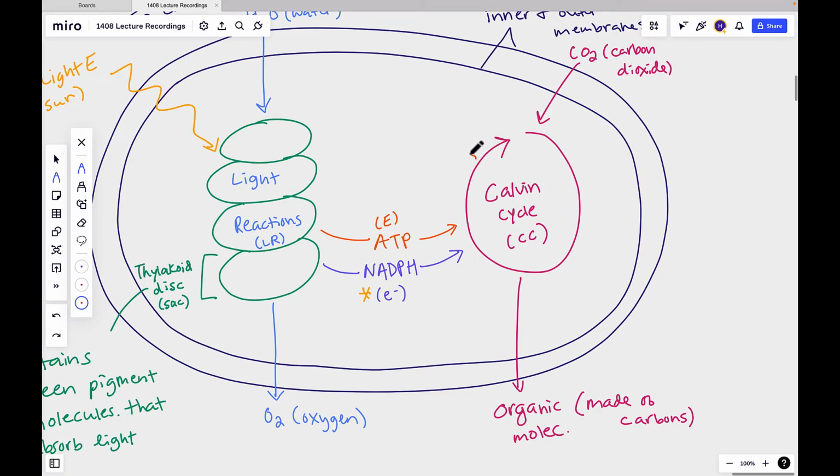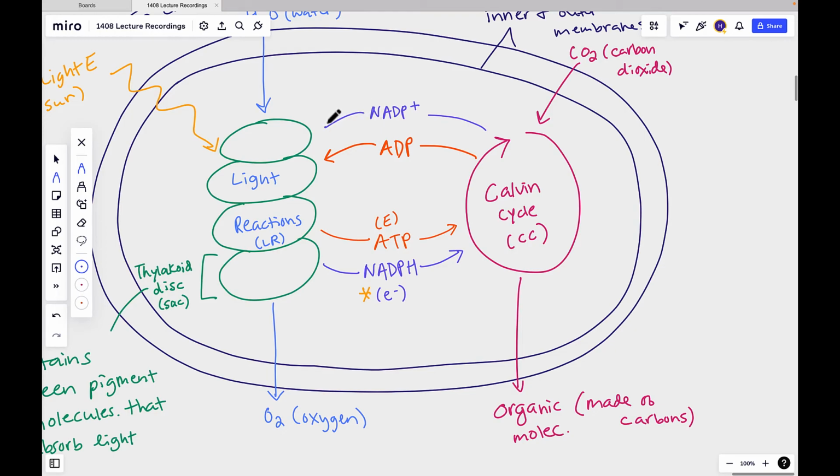Once the cycle uses the ATP, it leaves as ADP, which is the used up version of that. There's a lecture about ATP if you've forgotten about it. So this is now low energy. It can go pick up more Ps or phosphates in the light reactions and turn into more ATP. So that cycles, these little orange arrows. And then our used up form of NADPH is NADP plus.